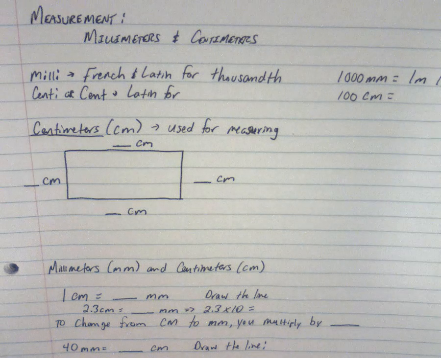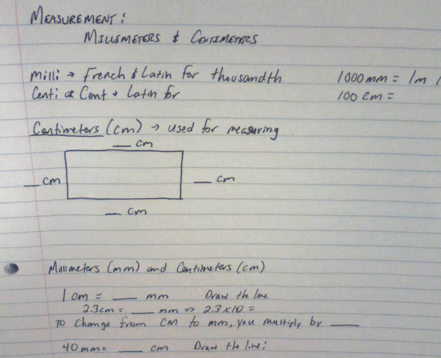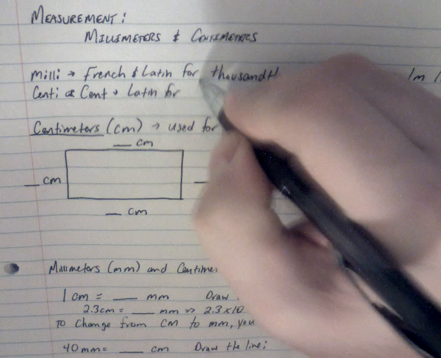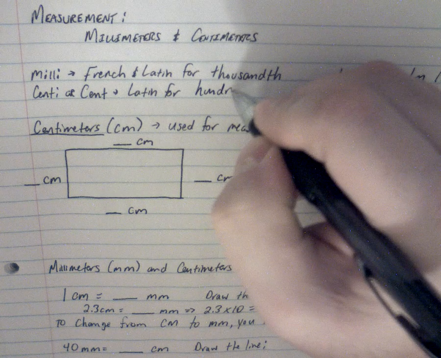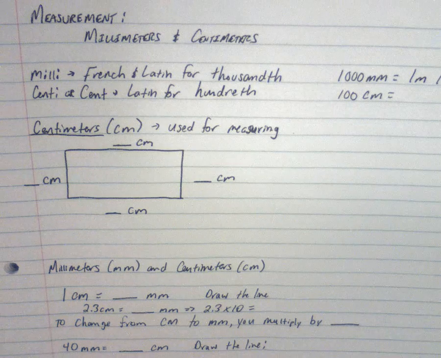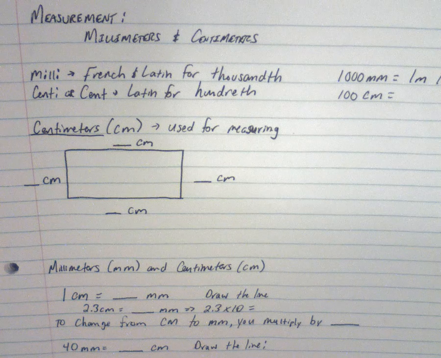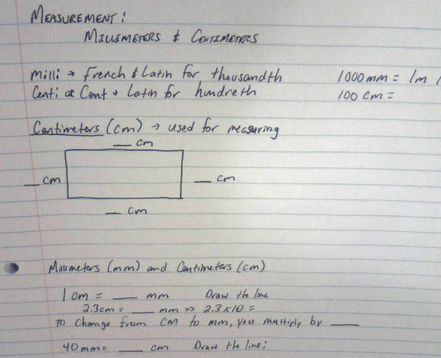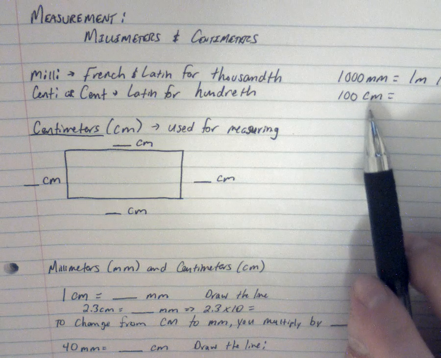Okay, so if you look at the word cent or centi, for centimeters, it's Latin for hundredth. When we say hundredth, what we mean is that if you look at money, it takes 100 cents to equal $1. Well, that's the same with units of measurement.